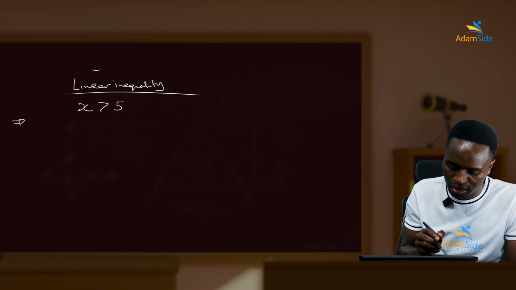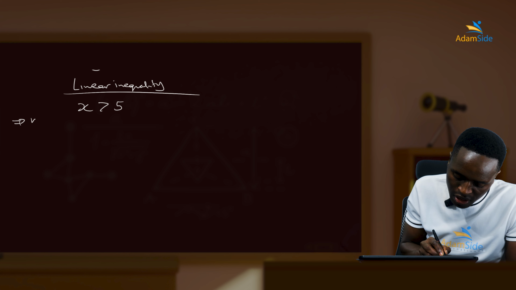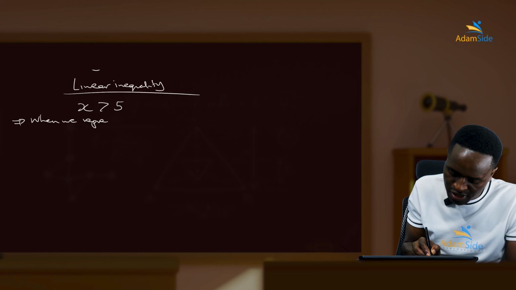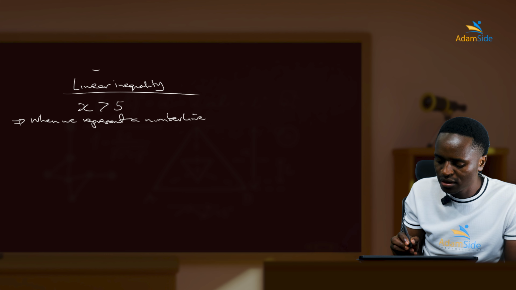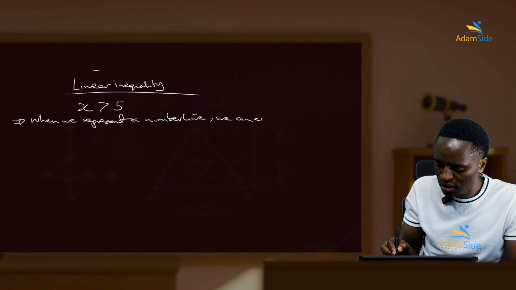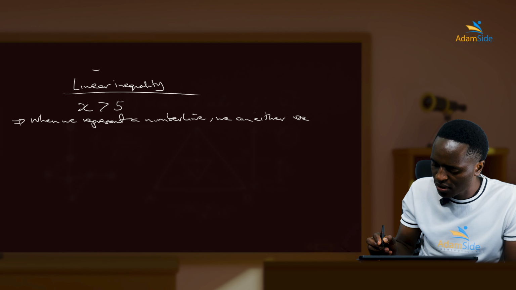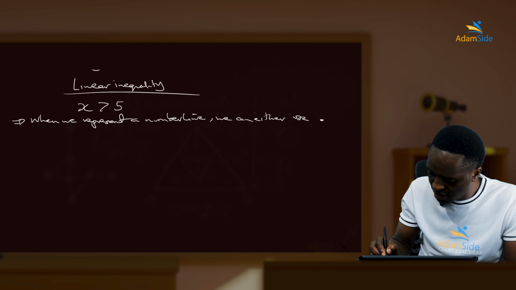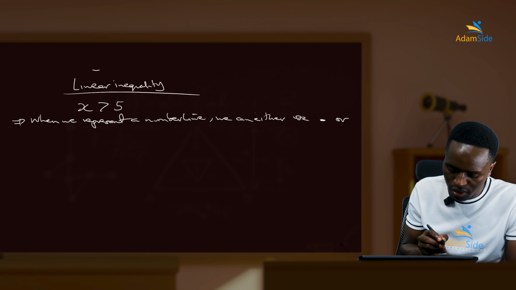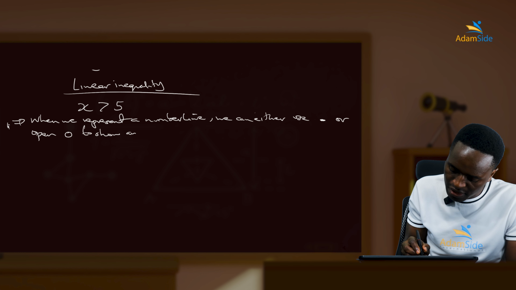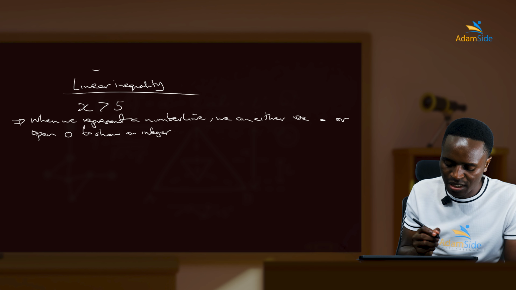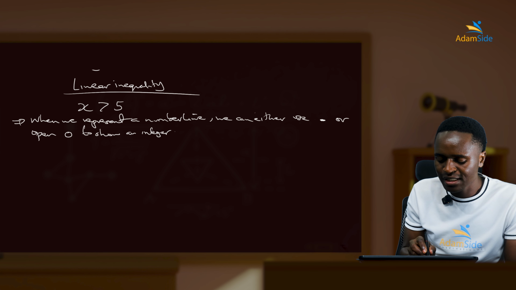Number one thing, we need to know that when we represent a number line, we can either use a full bolded circle or an open circle to show an integer. For example, x is greater than 5.